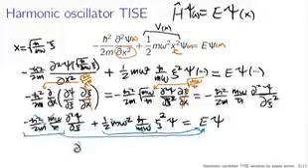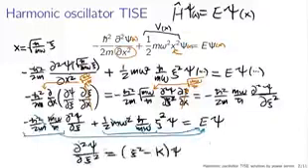But the final equation you get is the second derivative of psi with respect to xi is equal to xi squared minus some constant k, times psi, where k is what we got when we aggregated all these constants together. k is equal to 2E over h bar omega.